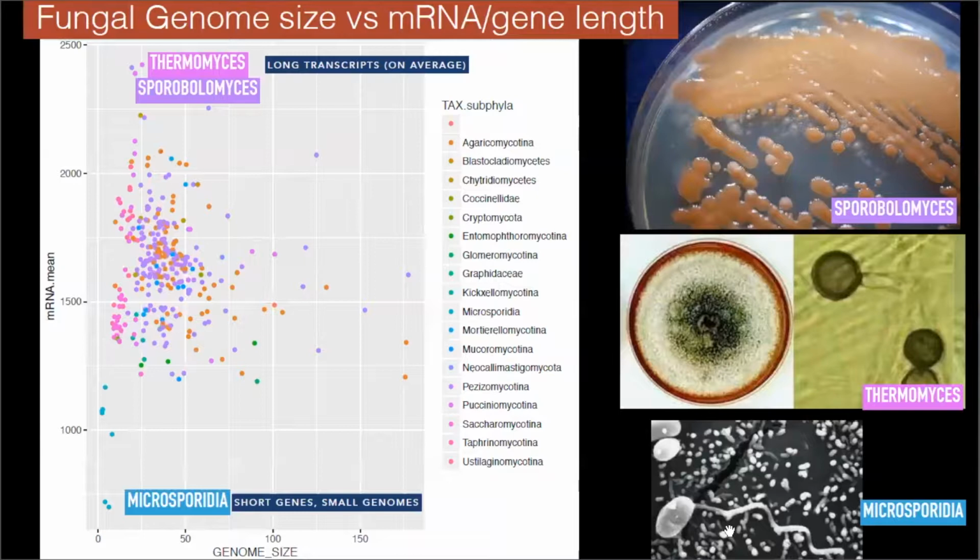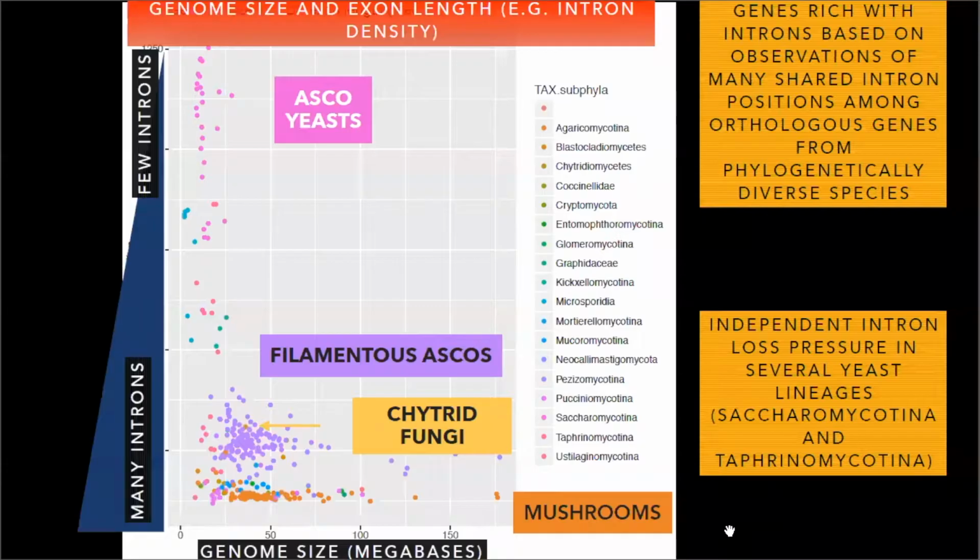They have very small genomes at the bottom left corner here, 2 megabase, 4 megabase genomes, but they also have very short genes on average. So you've made your genome smaller, and the genes in your genome have gotten smaller. And so that's an example, presumably, of contraction. And then you have other organisms that have long transcripts, but not necessarily a bigger genome, up at the top here. So there's different patterns. Not everything can be ascribed to ecology, but those are interesting observations we can make.